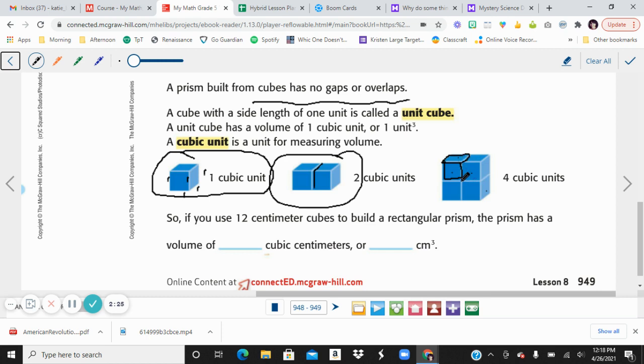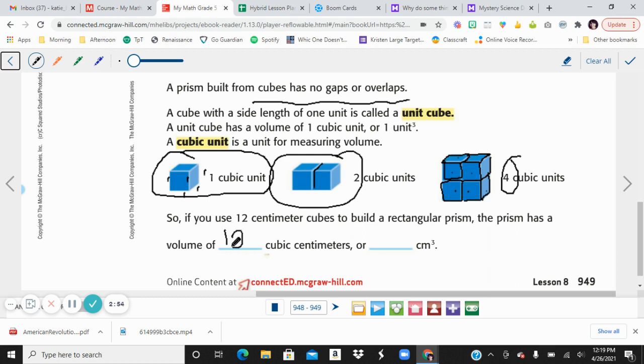So that's 1 unit cube. And then here's my second one. That's the front face, and then we have the top and the side faces. That's 2. This one, the only thing I can see on it is the front face, but that's 3. And then this one is my 4th one. I can see the front and the side. That's 4 cubic units.